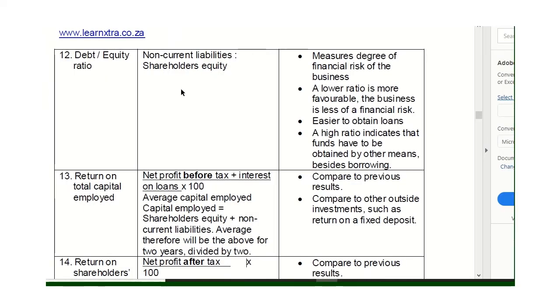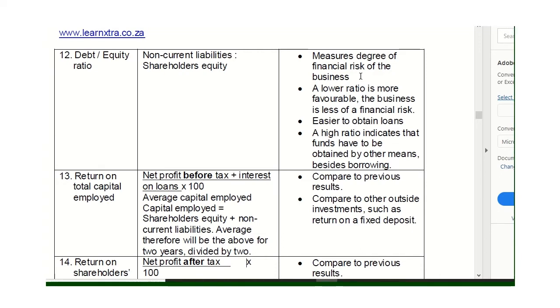Now, the debt equity ratio, the one that we calculated earlier, measures the degree of financial risk of the business. What this debt equity ratio basically does is it compares the outside debt, in other words, the loans, to the inside capital that we acquired by selling shares, our shareholders' equity.